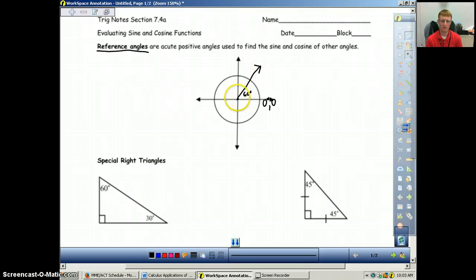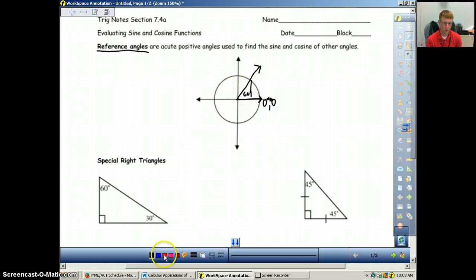But the point is that this 60-degree angle is from where we start at 0. We would call this reference angle 60 degrees because that's the angle created between this line and where we had started. Okay, well that's really easy because we're in the first quadrant.